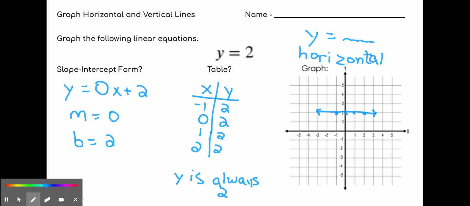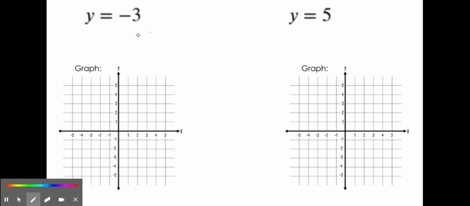Okay, so let's do a couple of practice problems. Y equals -3. So this is telling me that on this line, y is always -3. So on the y-axis, I go down to -3. This is a horizontal line, so I'm going to pick a couple of points where y is -3, and I'm going to draw a horizontal line. So that's the line y equals -3.